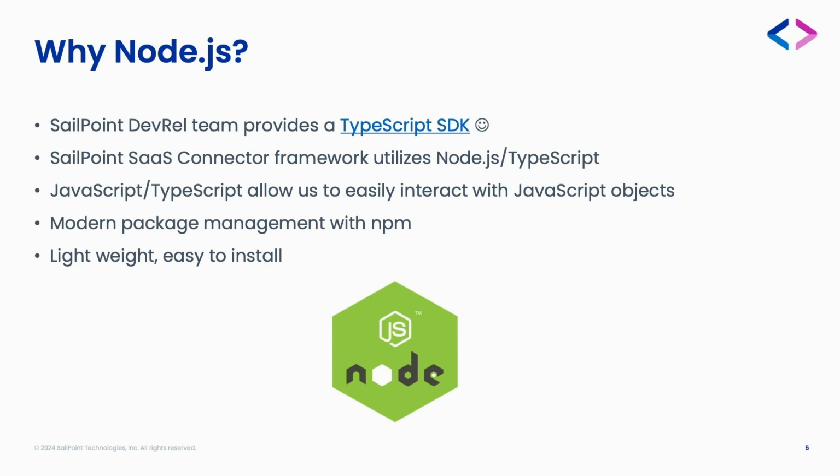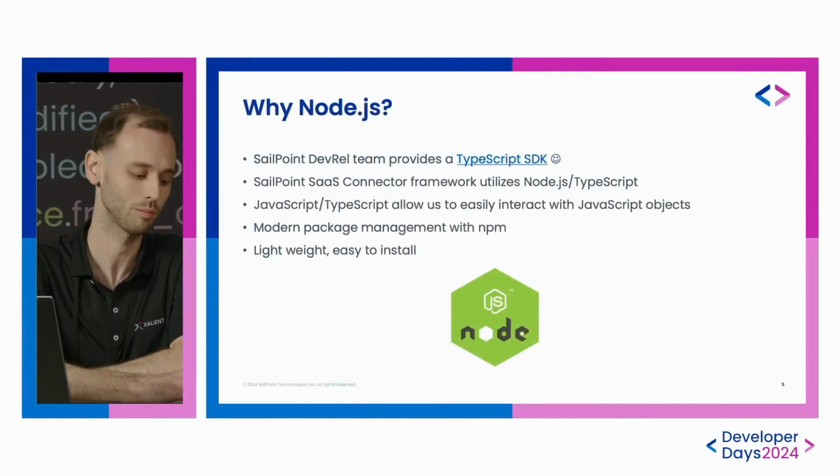And lastly, it's lightweight and easy to install, right? So going back to the pipeline use case, the CI/CD use case, we can easily install Node.js on a server or a CI/CD platform and just clone our repository for this tool and start running the commands that are necessary.